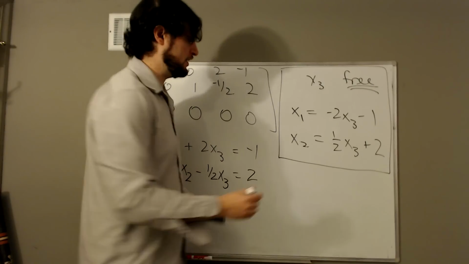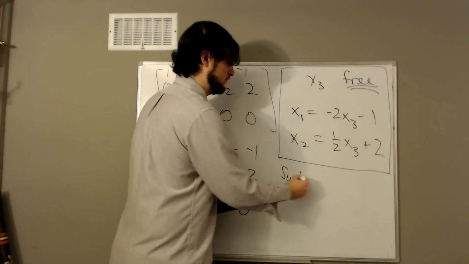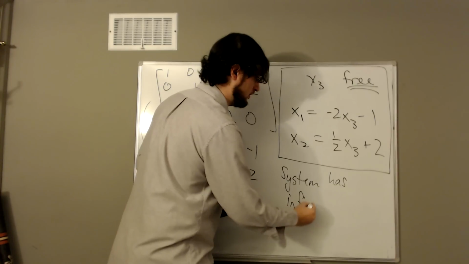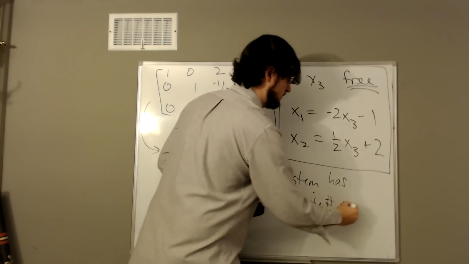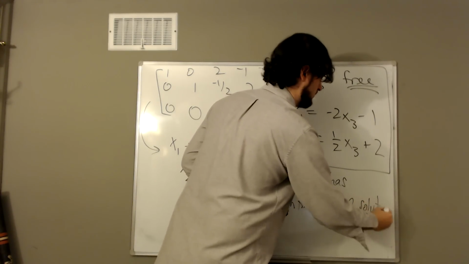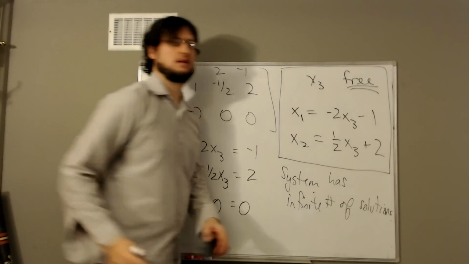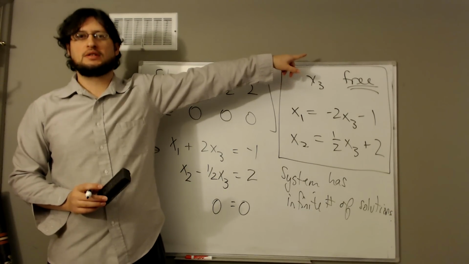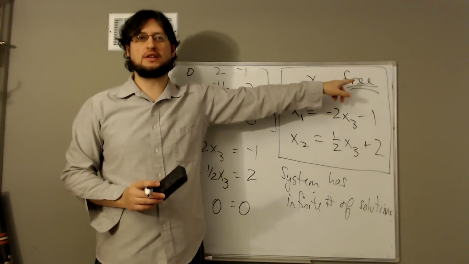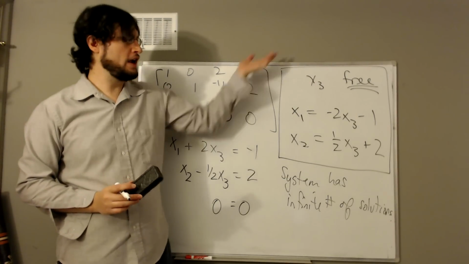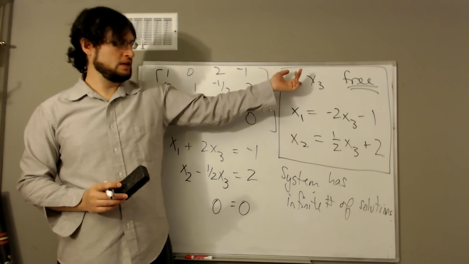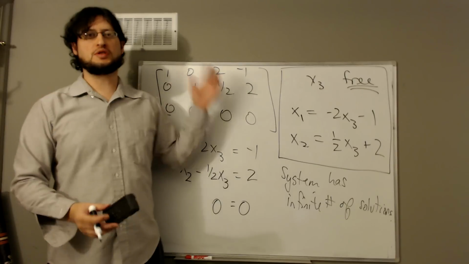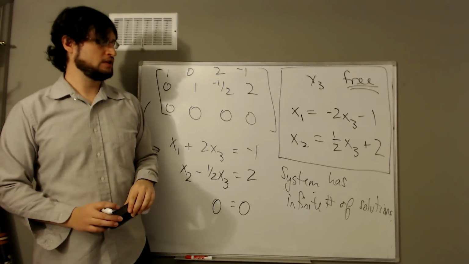And in this case, the system has an infinite number of solutions. Because I could choose x3 to be anything I want: 10 or 2.7 or 136. That'll force x1 and x2 to be something, but I'll have a solution to the initial system of equations.